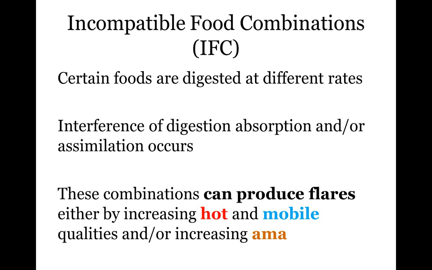So it's this concept of incompatibility of certain foods together that is brought to the forefront with respect to the energy science of nutrition. It's a very important concept because these combinations produce flares, either by increasing the hot and mobile qualities or increasing AMA, or both.